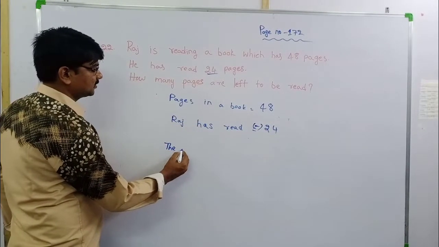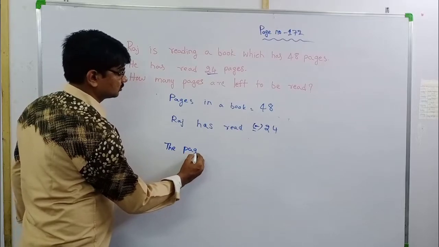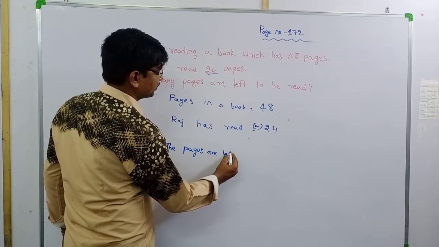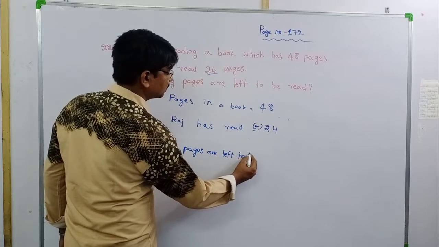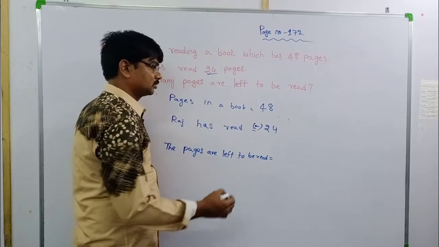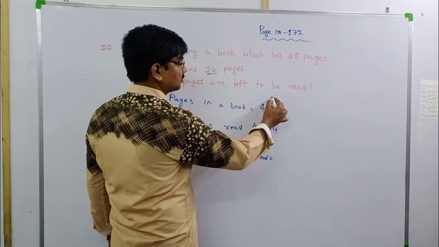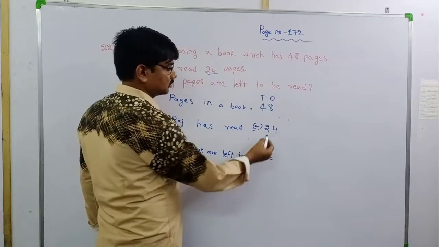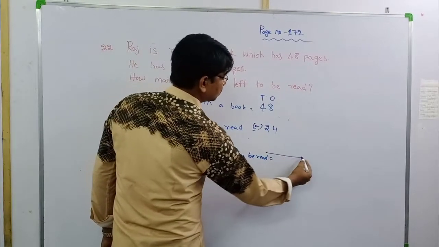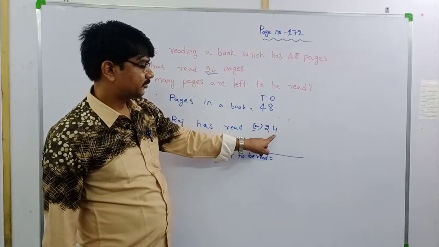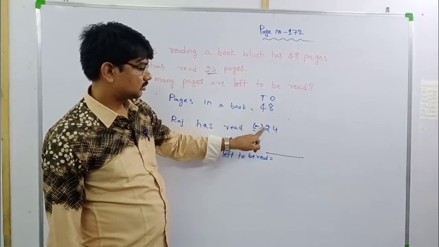Next, the pages left to be read is equal to 48. Ones place, tens place. 8 is here, 4 is here; 4, 2.